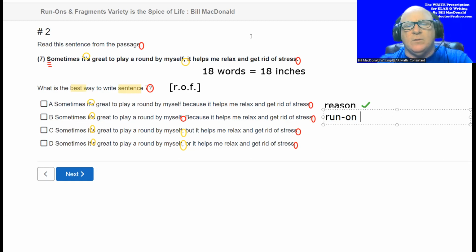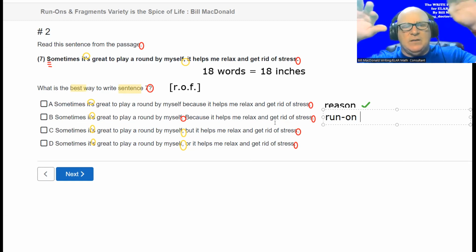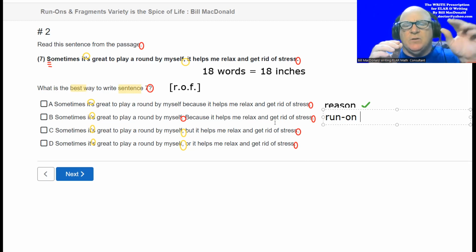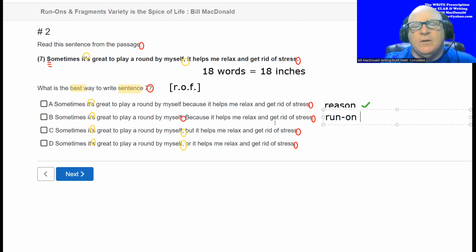And the next one, option C: "Sometimes it is great to play around by myself, comma, bending the slinky low, but it helps me relax and get rid of stress." Because it's great as a positive thing, and getting rid of stress and relaxing is a positive thing.